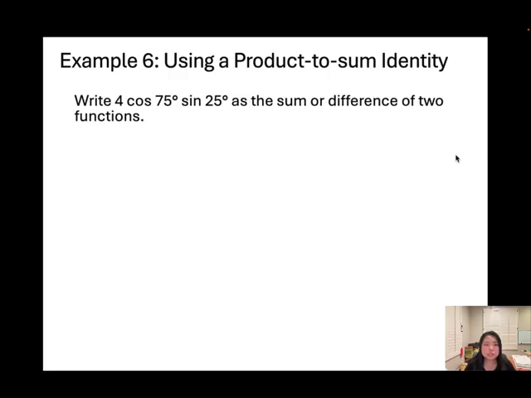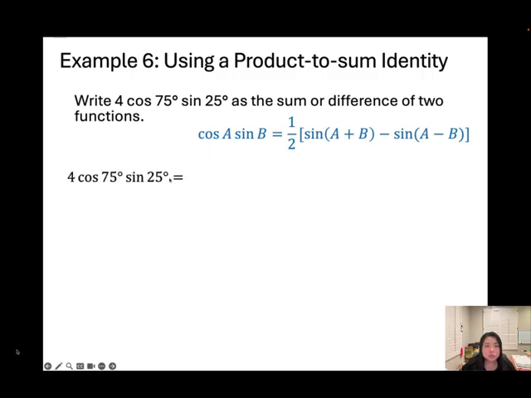Okay, example 6. Write 4 cosine 75 degrees sine 25 degrees as the sum or difference of 2 functions. So we do have product to sum identities here. And this one will have the cosine and the sine. So cosine 75, sine 25, we could plug into this formula.